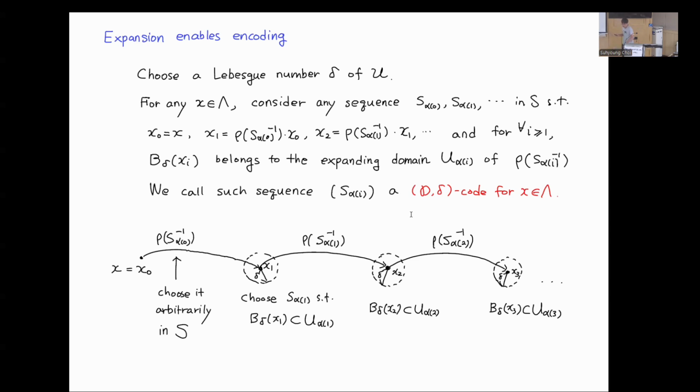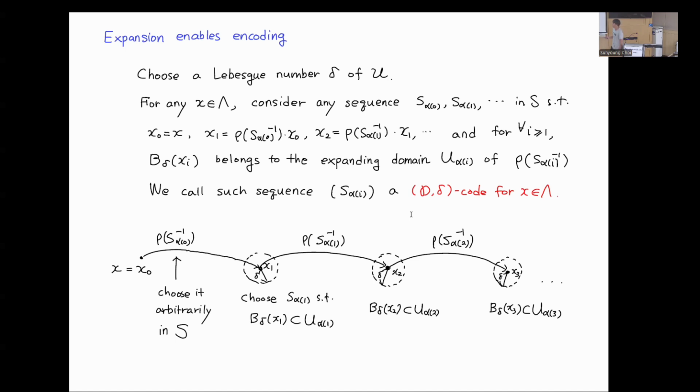First start with x. Then choose an arbitrary element in S, say s_alpha_0. Then you can move x to x_1 by the action of s_alpha_0 inverse.